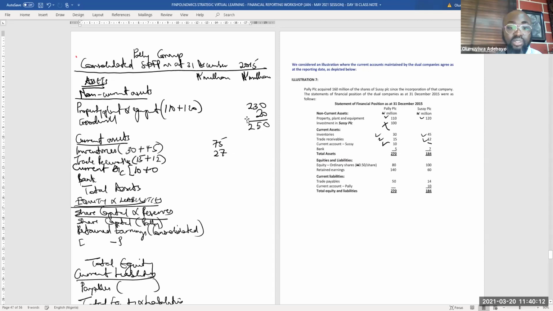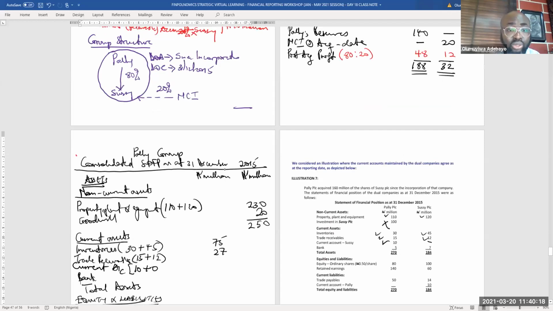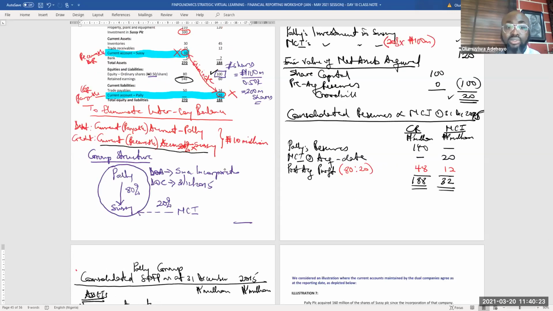But if you recall, there's an adjustment here that we said we should eliminate: intercompany receivable by how much? By 10 million. Therefore, I'll come here and say minus 10.